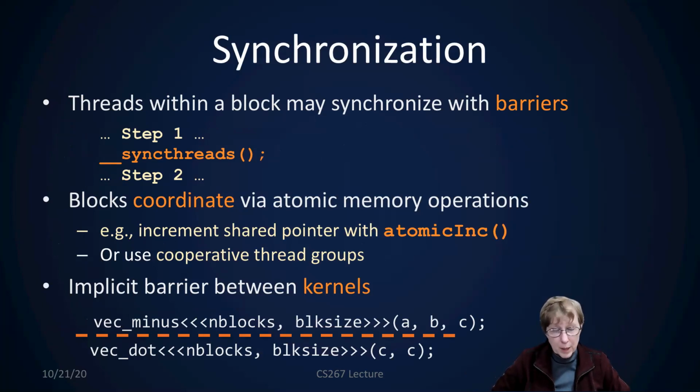By the way, I spent a bunch of time trying to read about exactly how the scheduling works, and I think they intentionally try not to get you to rely on it. But essentially, within a thread block, you might not have enough hardware to run 1,024 threads at once.